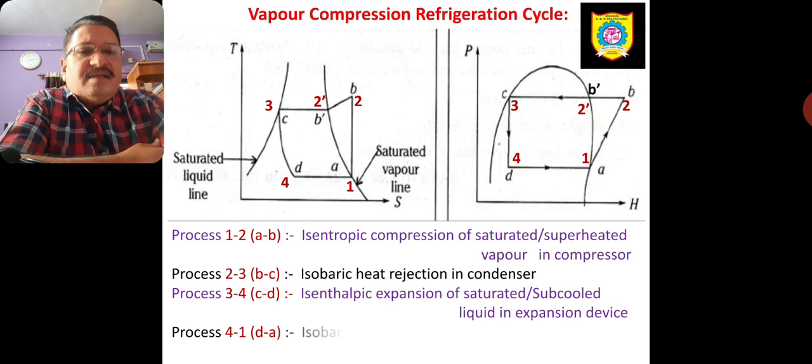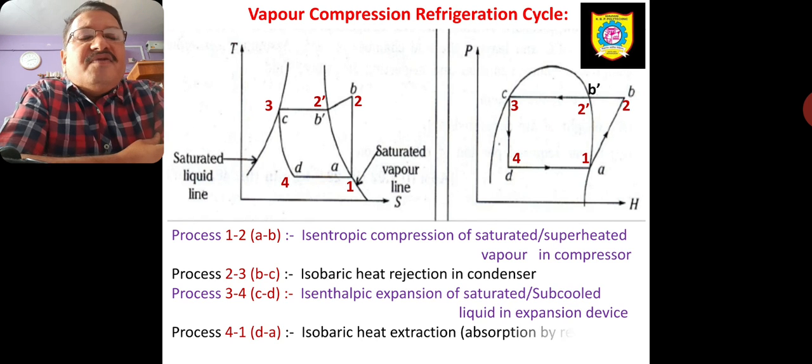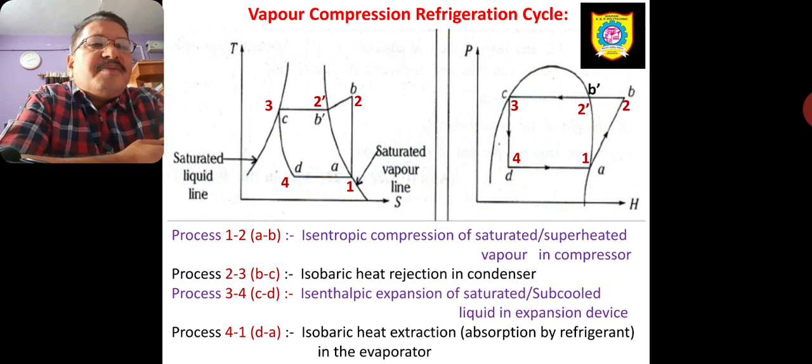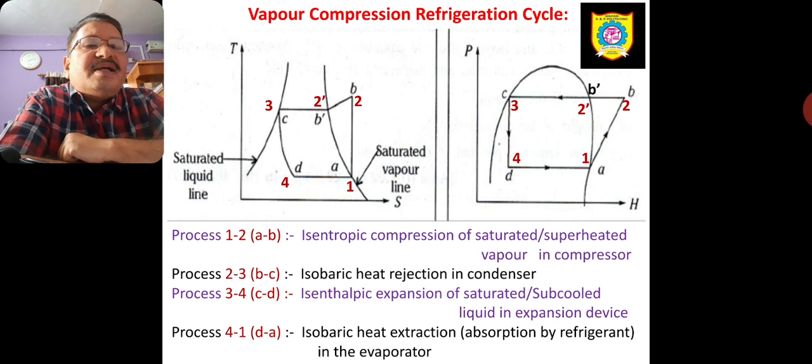And finally, the fourth process 4,1 or DA is nothing but isobaric heat extraction, heat absorption by the refrigerant in the evaporator. The heat is absorbed by the refrigerant in the evaporator because the refrigerant gets evaporated in the evaporator and heat is required for evaporation.